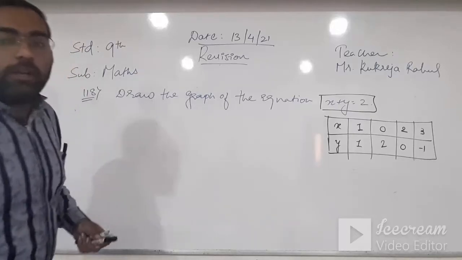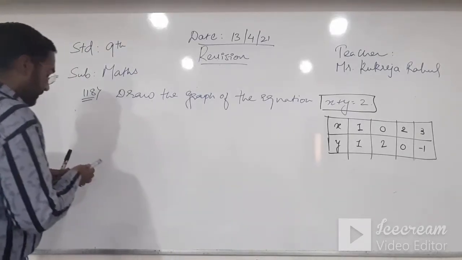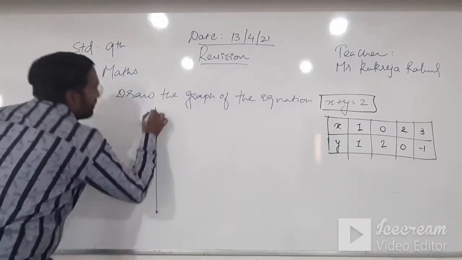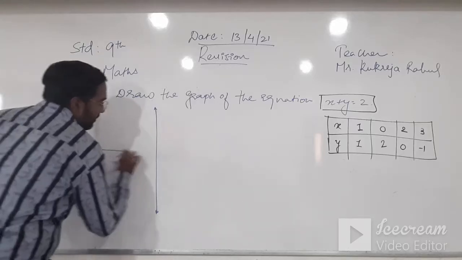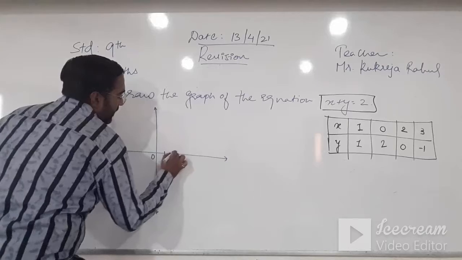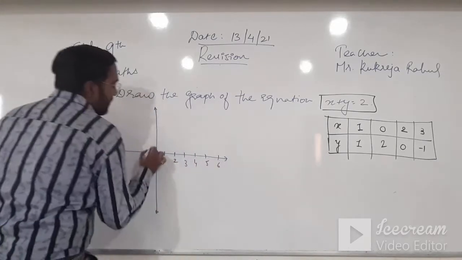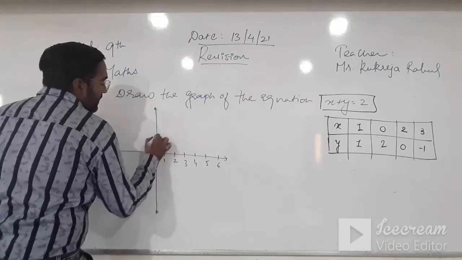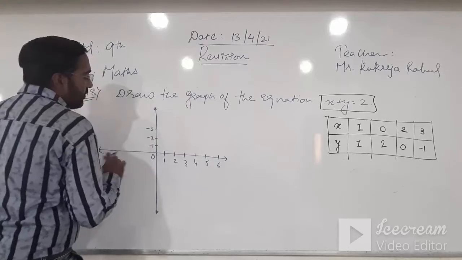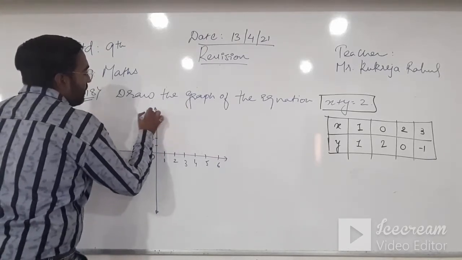All of you must know how to locate the points. Okay? So 0, 1, 2, 3, 4, 5, 6, and minus 1, minus 2, minus 3, sorry, here 1, 2, 3, 4, 5.